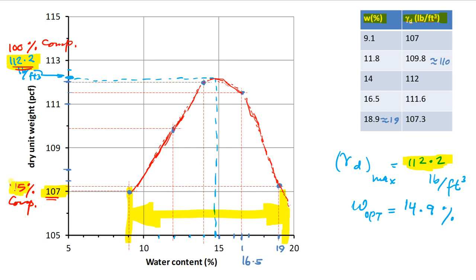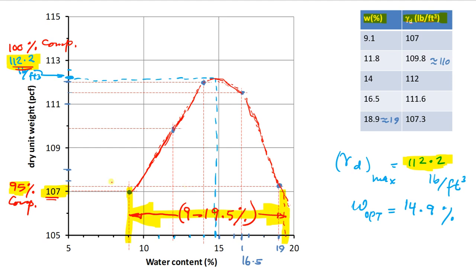For 95% compaction, if your water content is between 9 and, let's say, 19 point something, so this has to be from 9 to 19.5%. So this is the water content range.